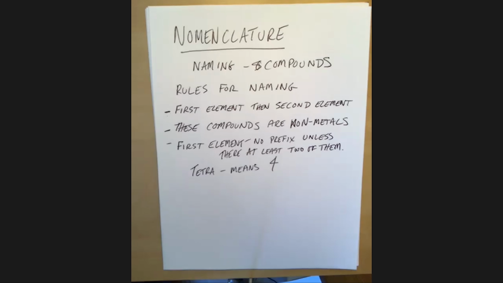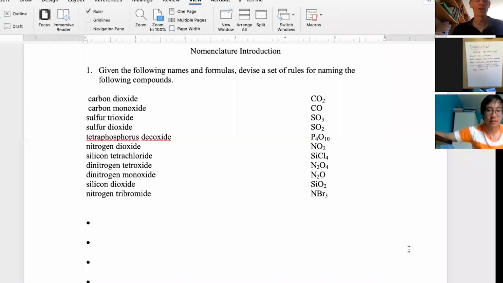Okay, so there are some other prefixes in there that we can get from that list, aren't there? Let me bring it back to you. So, what other prefixes do you have in there? I see di, like in dinitrogen. And that should mean 2. And I think most of our students know carbon dioxide, CO2. If they know carbon dioxide and carbon monoxide, all the rest of this is entirely manageable, I think.